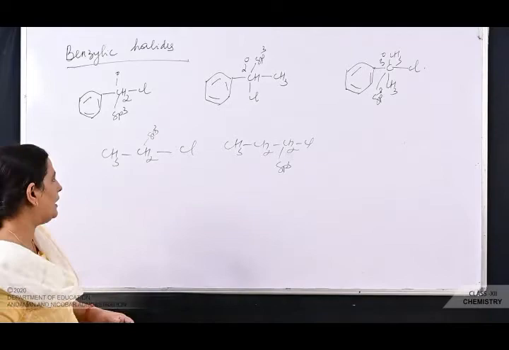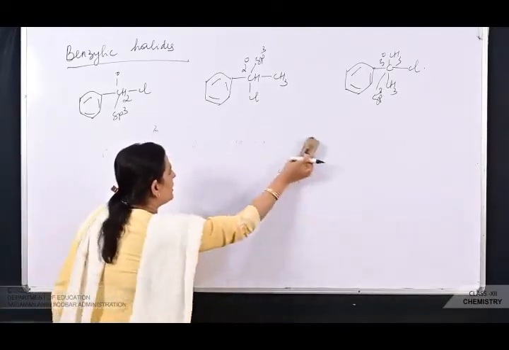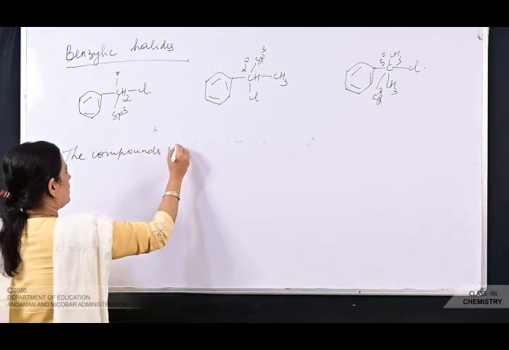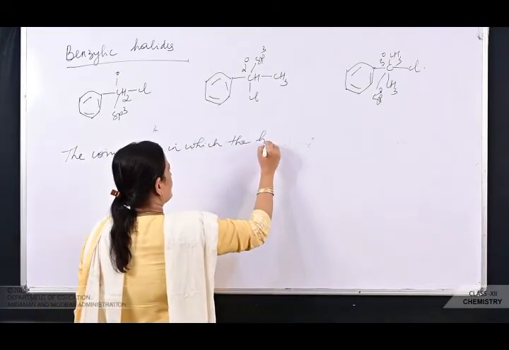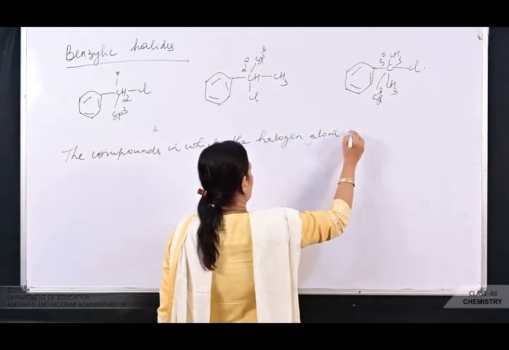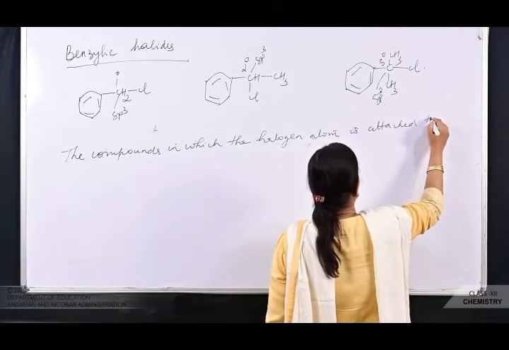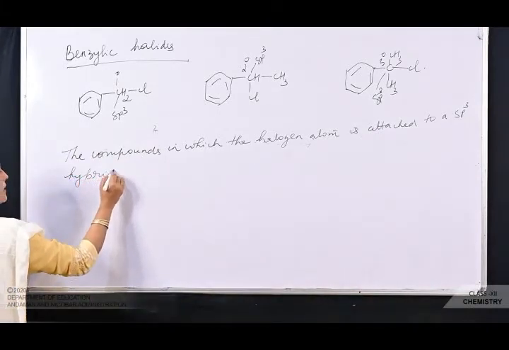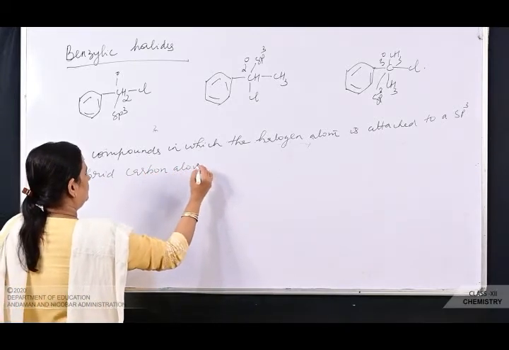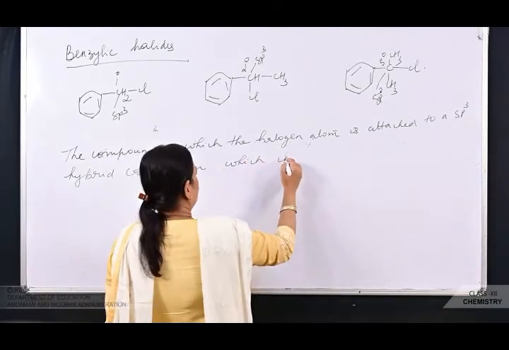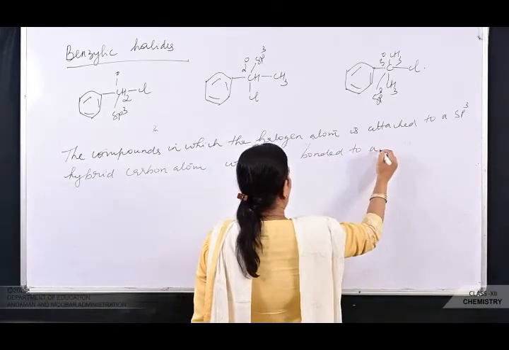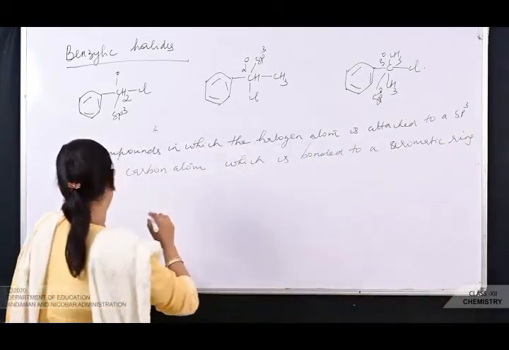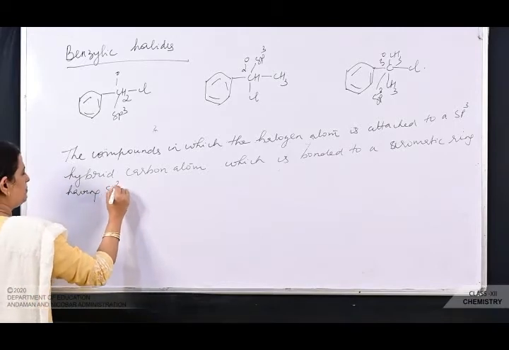So how will you define a benzylic halide? The halogen compounds in which the halogen atom is attached to a sp3 hybrid carbon atom, which is bonded to an aromatic ring having what hybridization? sp2 hybridization.